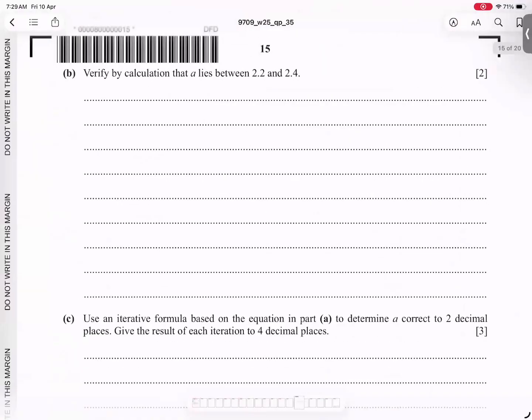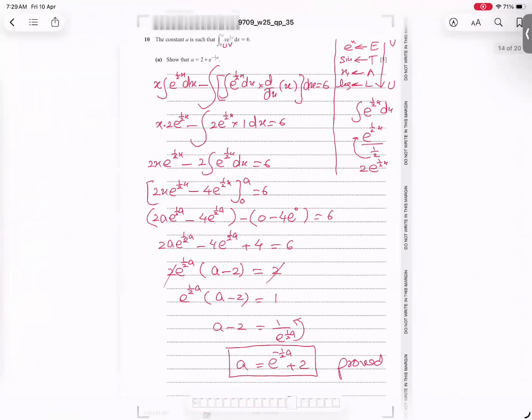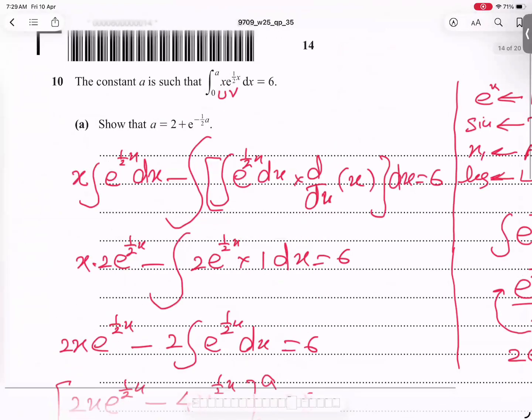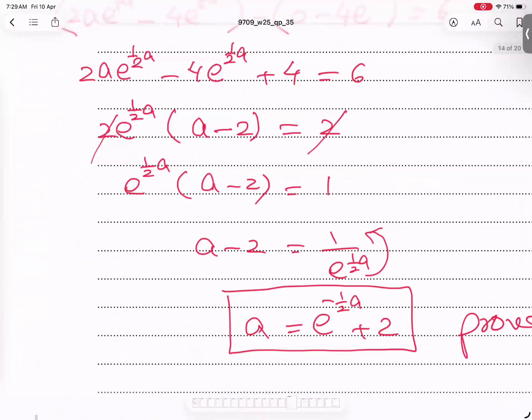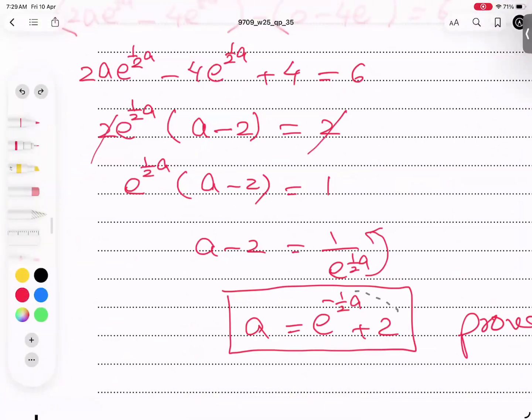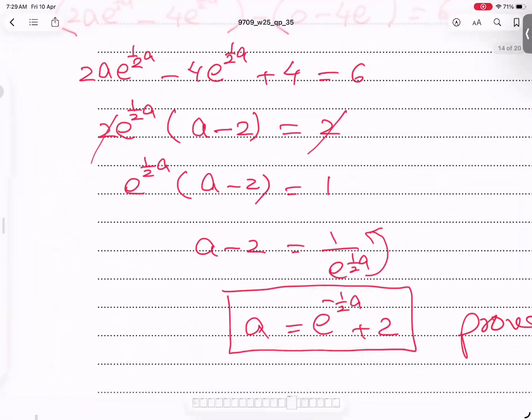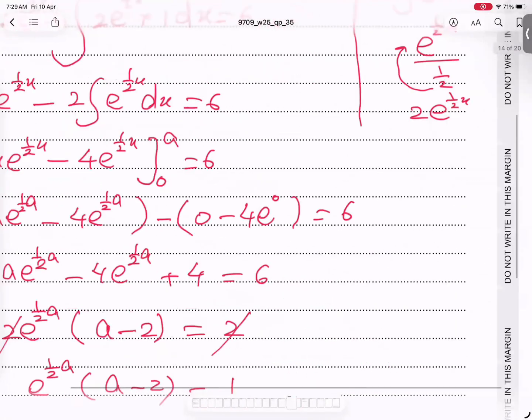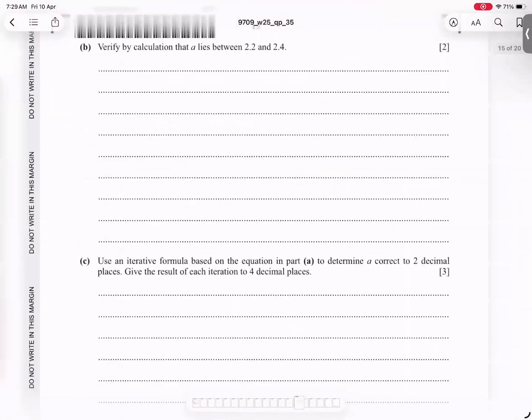He's saying verify that a lies between 2.2 and 2.4. I have to go back and copy this statement, which I will use because we have proved it. Okay, so I'm putting this here the same.